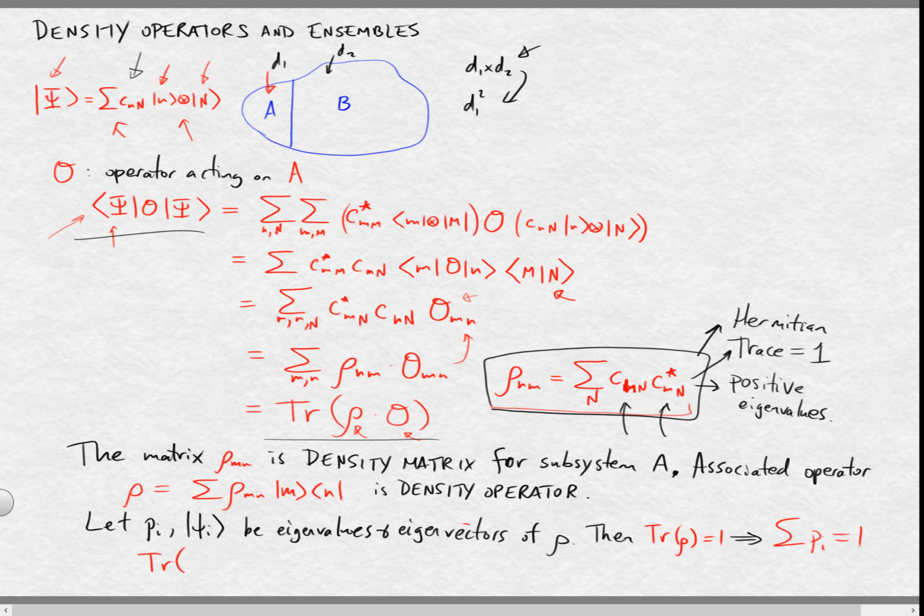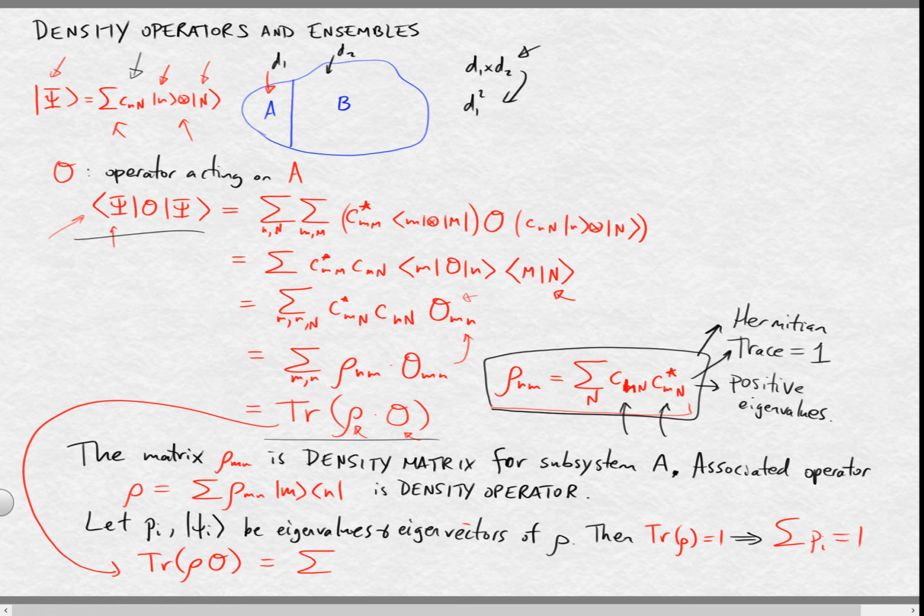And so the final thing then is to notice that if we write out this expression, which was the expression for our expectation value, then we can describe that in terms of these eigenvalues and eigenvectors. The way to do that is to think about going to the basis where the density matrix rho is diagonal.